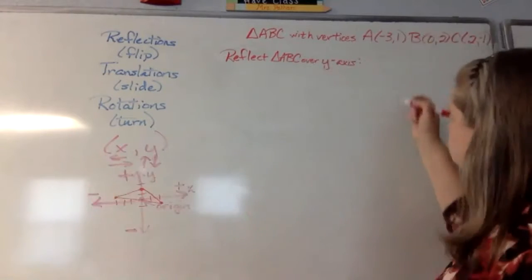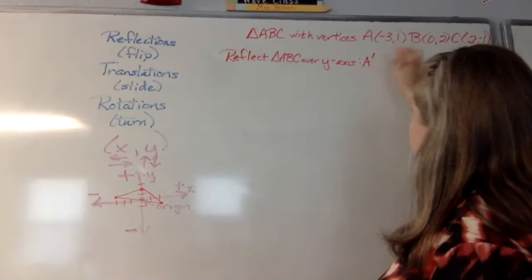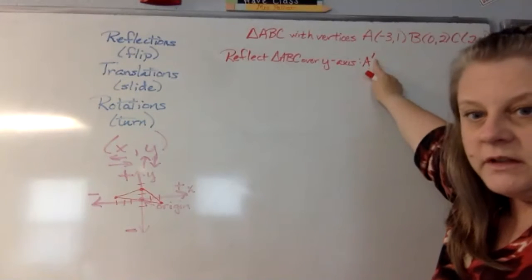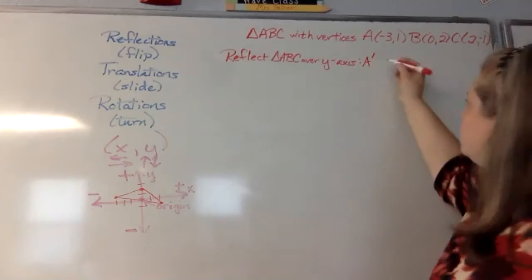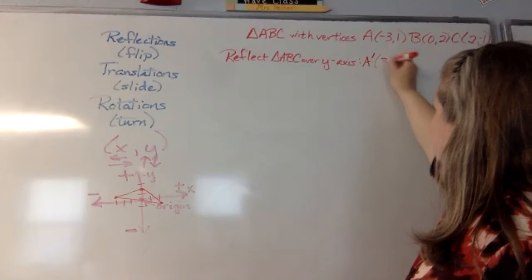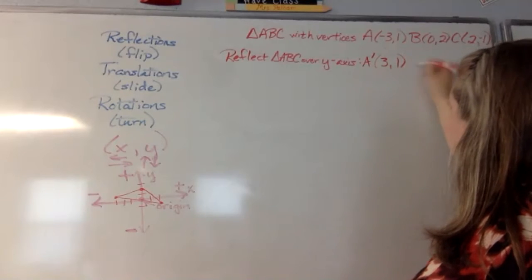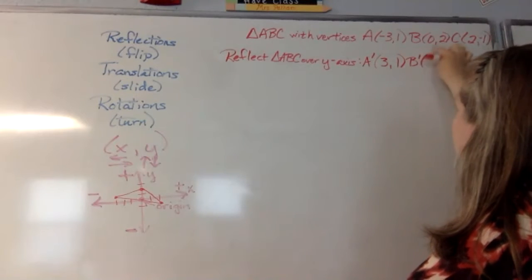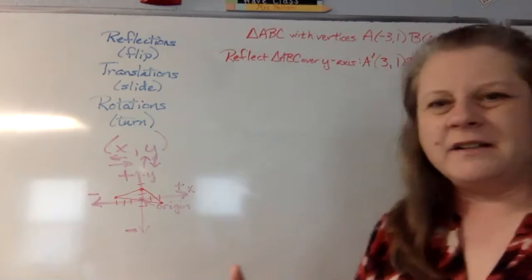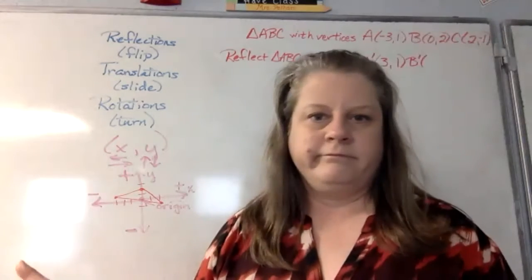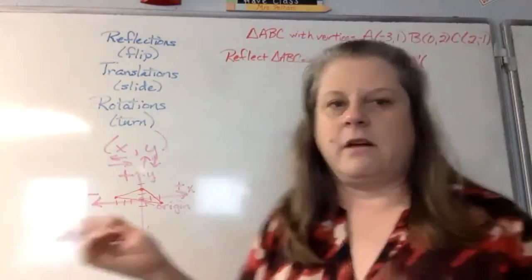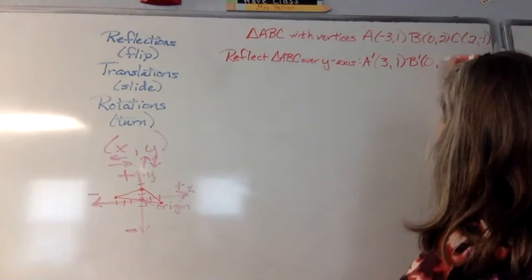So on here, my new A, and they call that A prime, they put the little mark there. The x becomes positive 3, y stays 1. For B prime, x was 0. Can you change the sign on 0? No, 0 is just 0. So it's still 0 and 2.